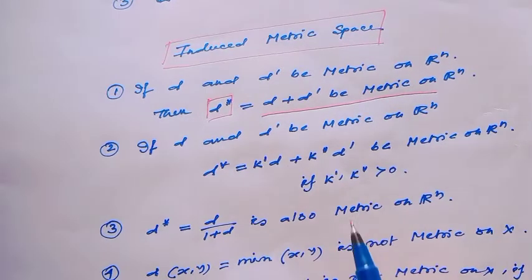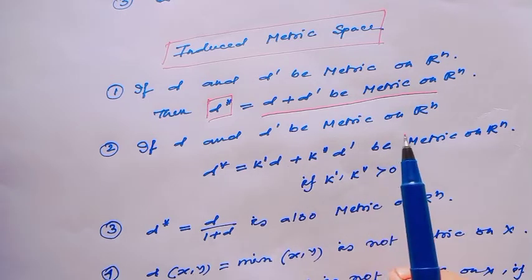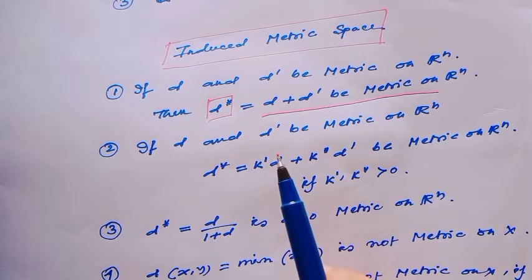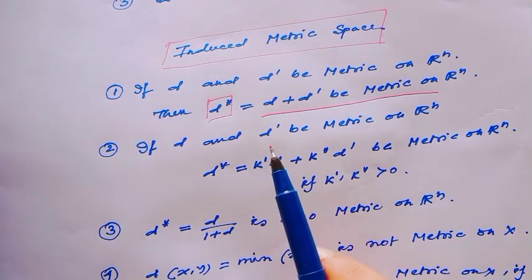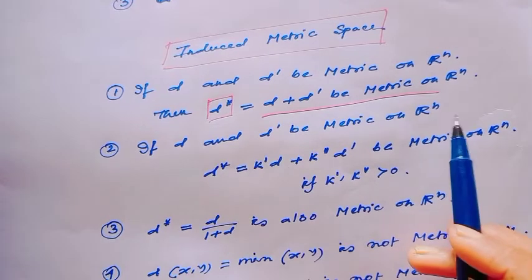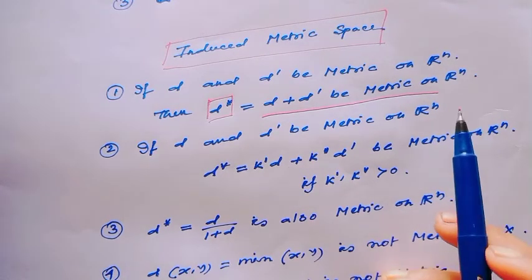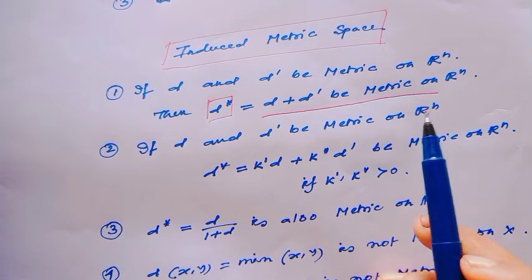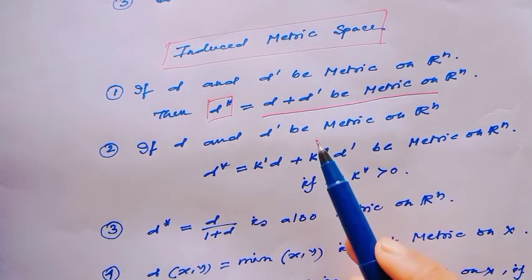That means if D and D dash are metrics on Rn, then our construction, the sum of these two metrics, is also again a metric on Rn, which I had discussed in my previous video. But today I will just use this example as a property.